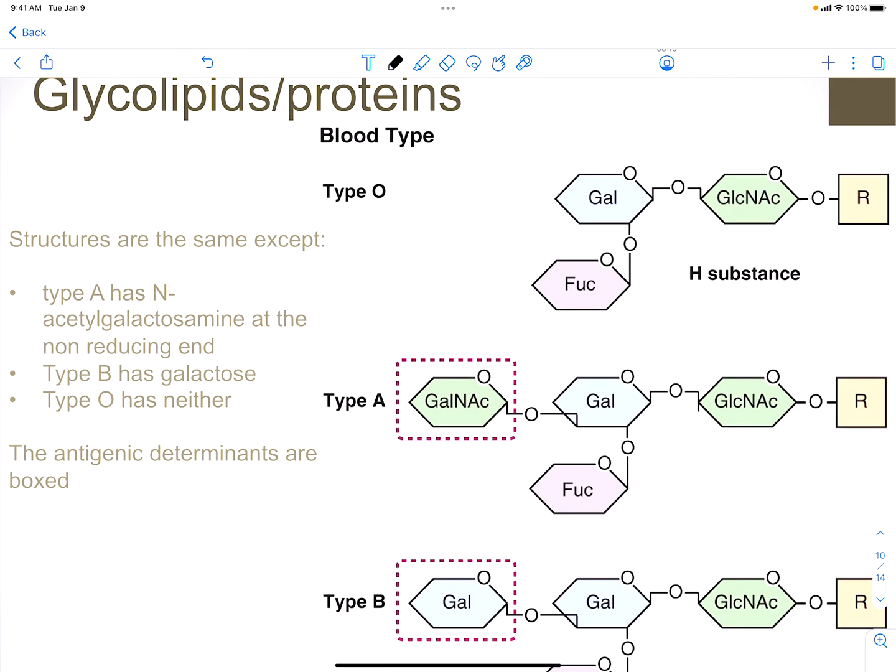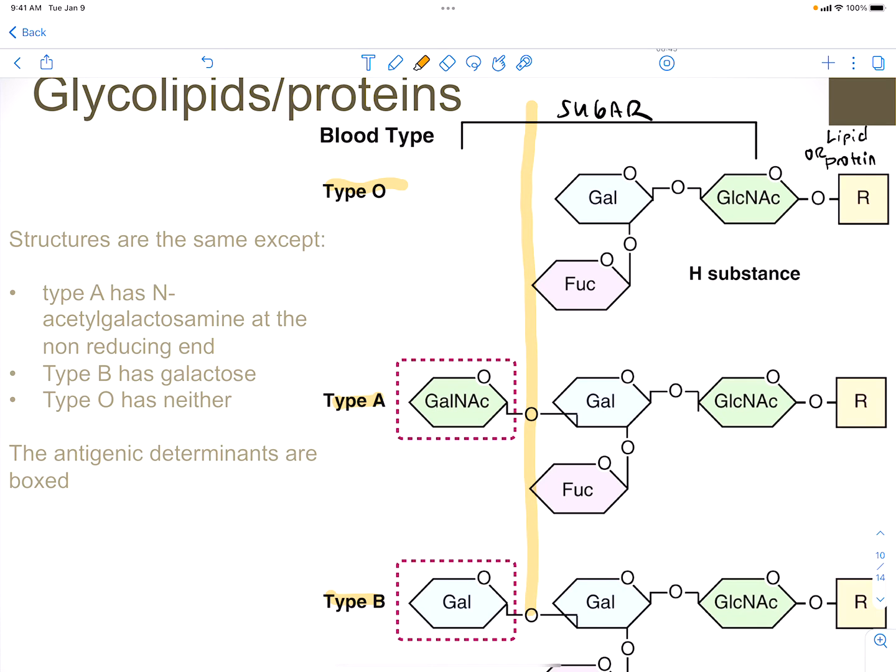All right, so basically we have our sugars, and this R is either going to be a lipid or a protein. So the structures of our blood types, type O, type A, and type B, are the same except for this end sugar.